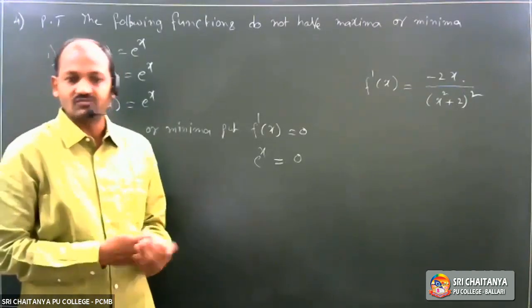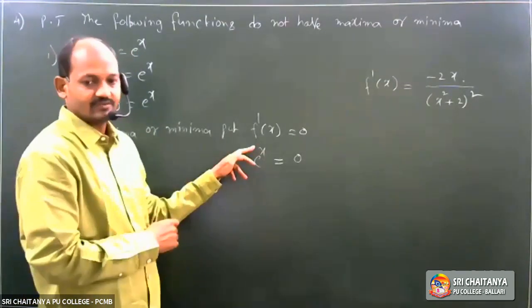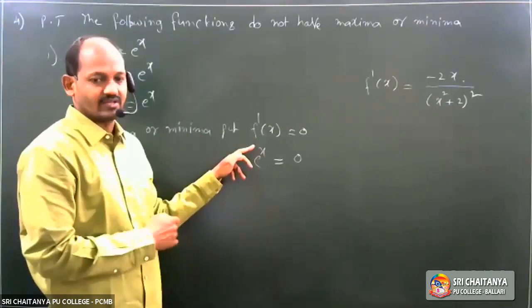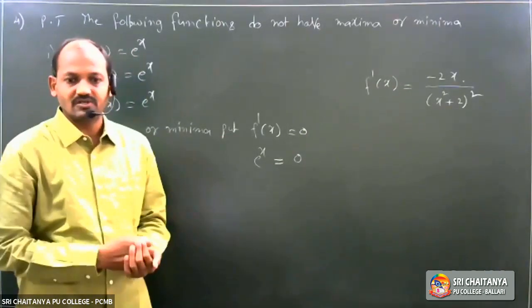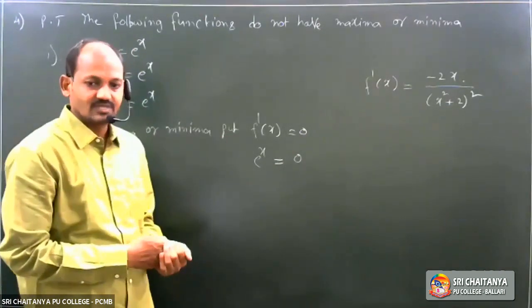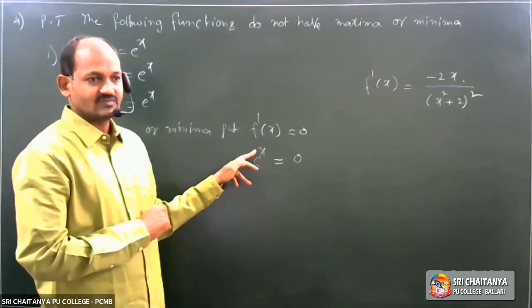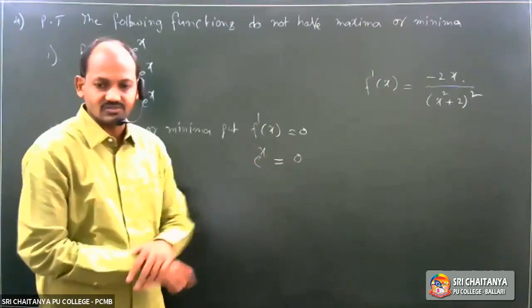Or x equal to minus 2, e power minus 2 is 1 by e square, not equal to 0. Or positive values. So for any value of x, e power x is not equal to 0.